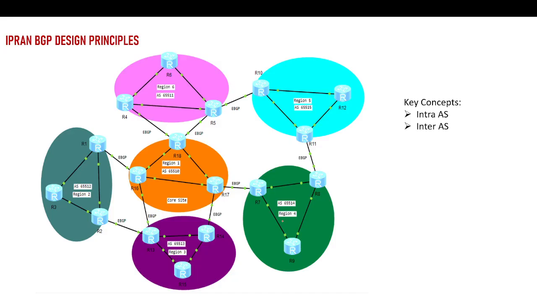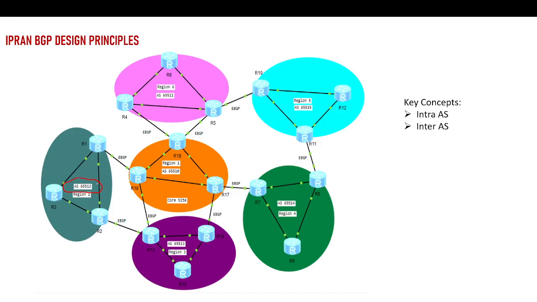So when we are talking about IPRAN, we know that, for example, a service provider in Kenya can have a network split into different autonomous systems, and these different autonomous systems are always assigned a different AS number. You may consider having one autonomous system number, but the best practice is you always have to split your network into separate small autonomous system numbers.